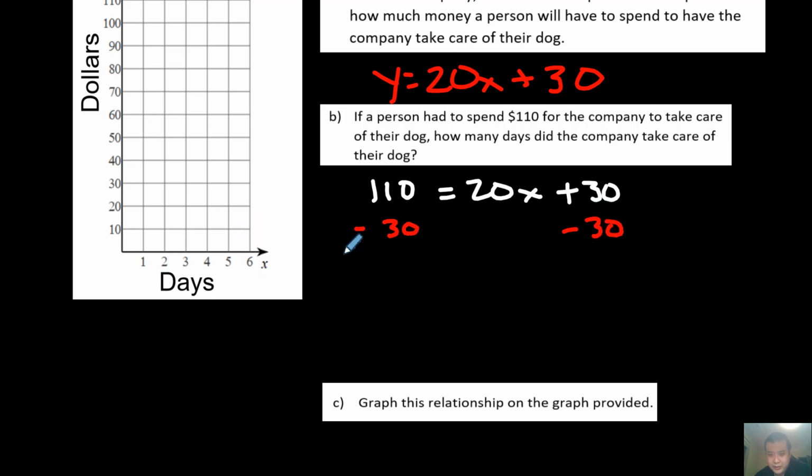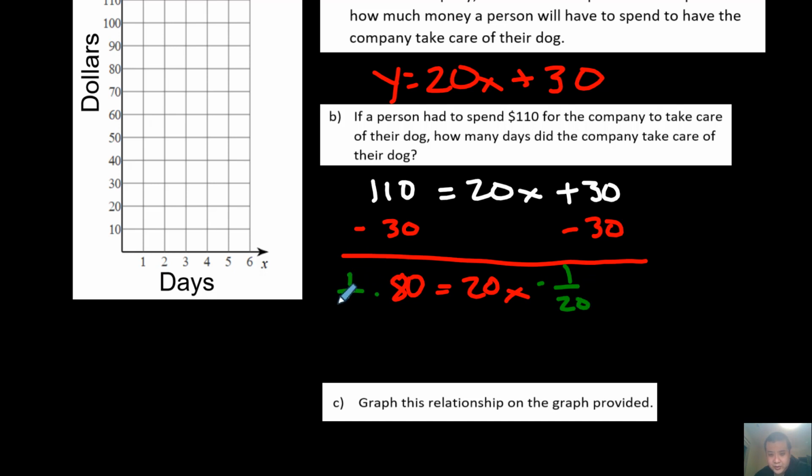Minus 30, we get 80 equals 20x. Then we are going to multiply both sides by 1 over 20, and we get x equals 4. So they stayed there 4 days.